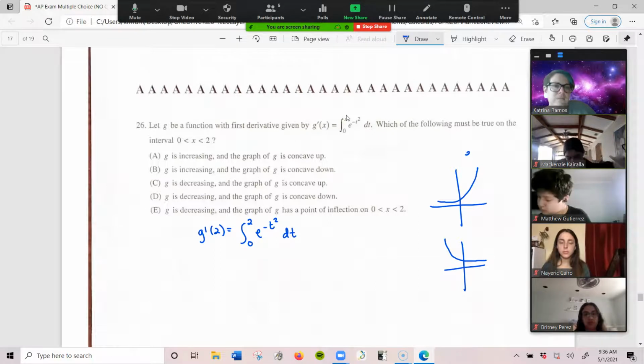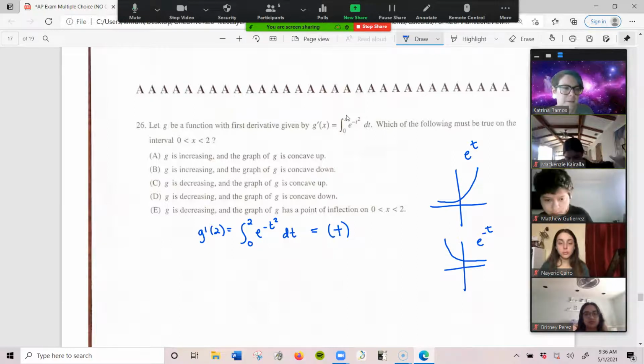This is if e is raised to a positive exponent, and this is if e is raised to a negative exponent. We have a negative exponent. It just means that it's decaying, it's a decrease, but it's still above the x-axis. So that means that this integral has to be positive.